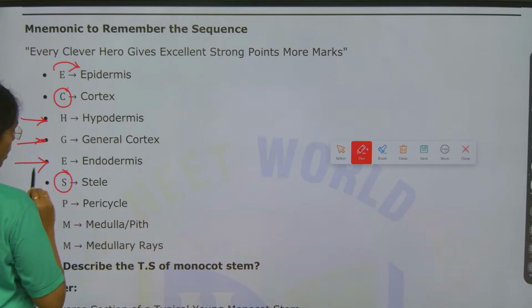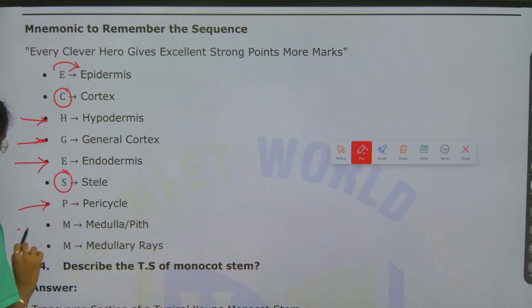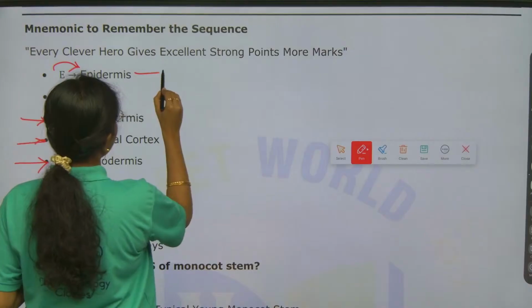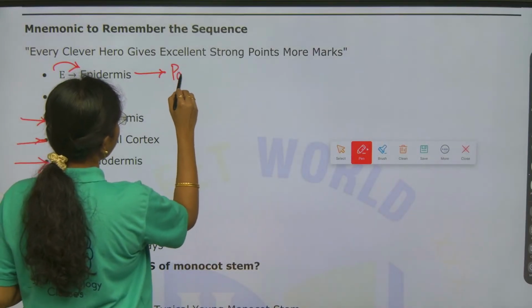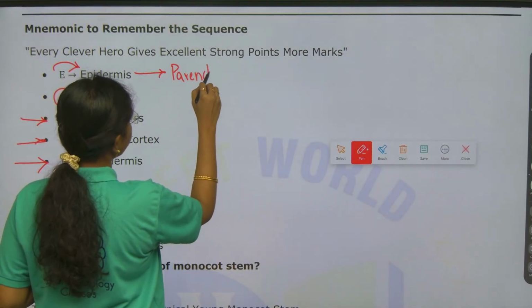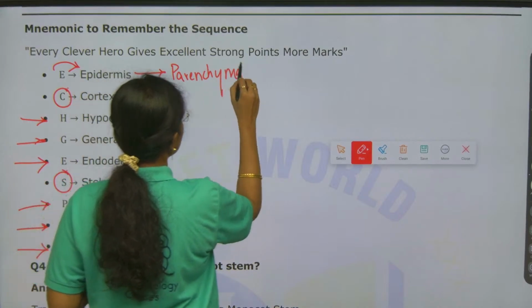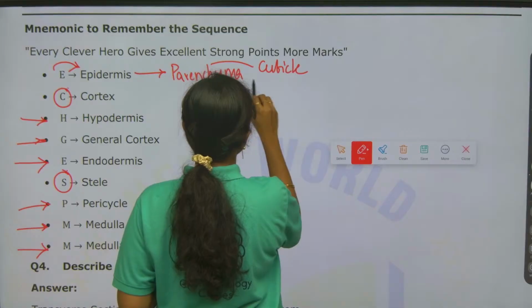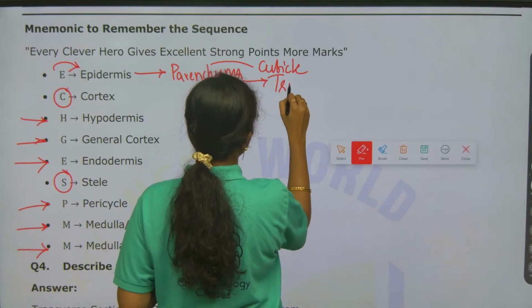In the stellar region you have pericycle, medulla and medullary rays. Here itself you give the composition of each tissue as well. Here epidermis is composed of parenchymatous cells, and it has cuticle as well as trichomes.